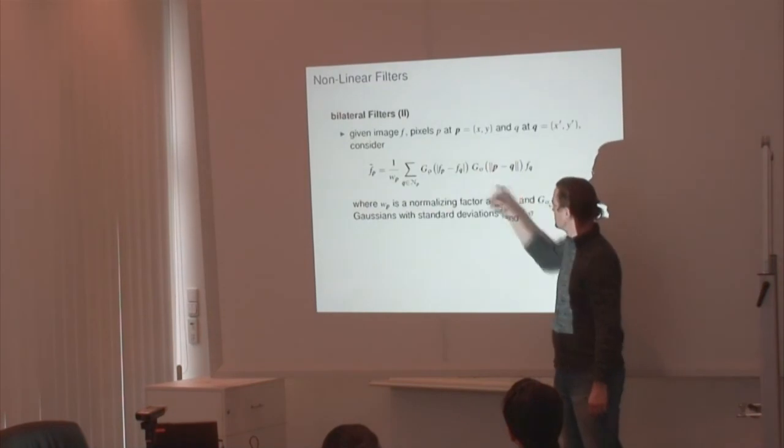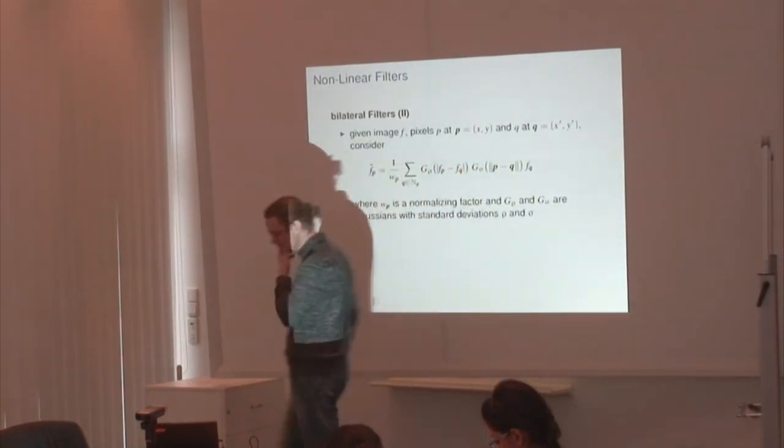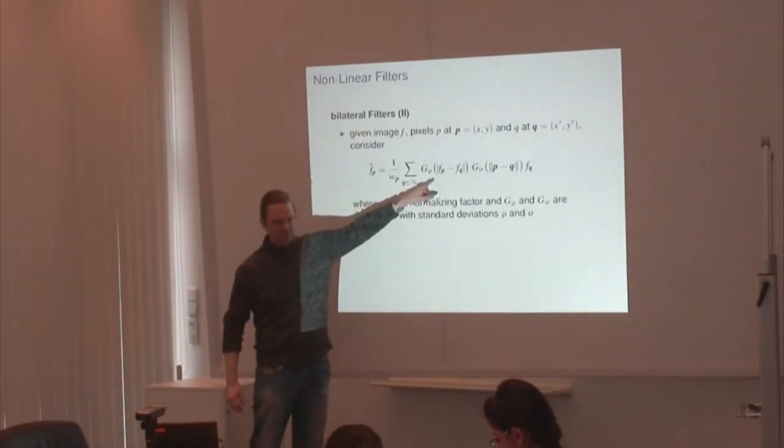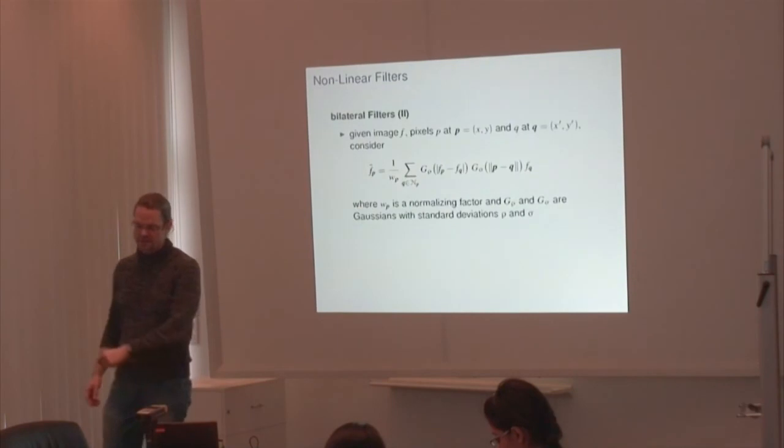So we have this weight times the value, which would just be Gaussian convolution, but then we also have another weight, and we multiply that into this weighting scheme as well.